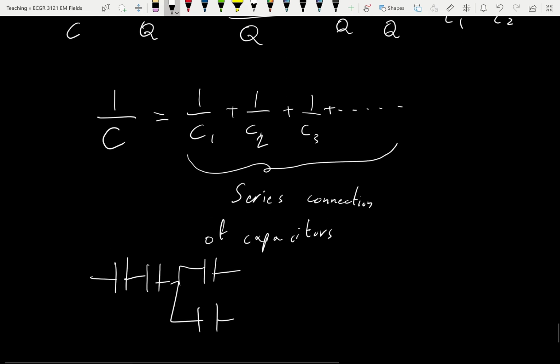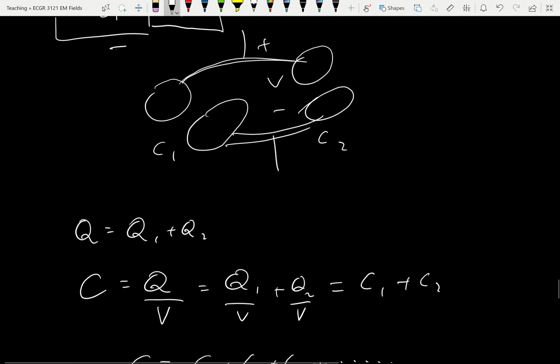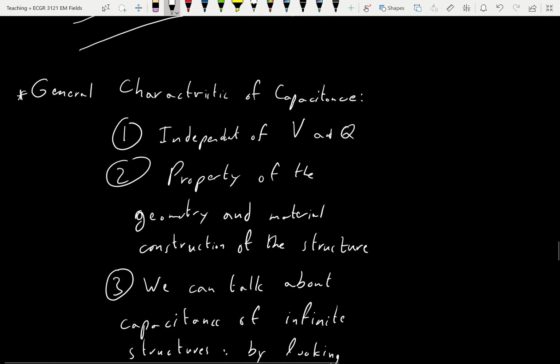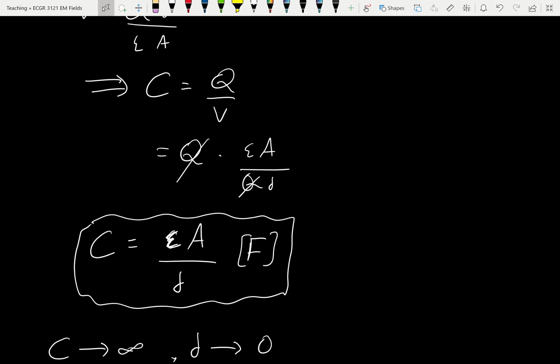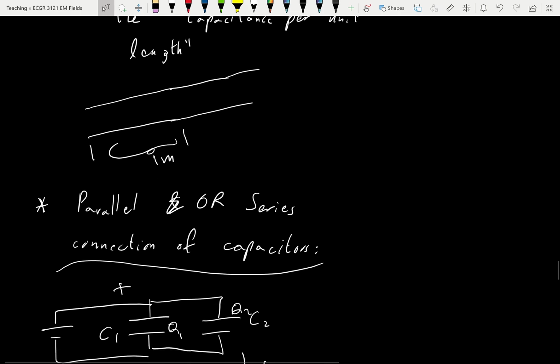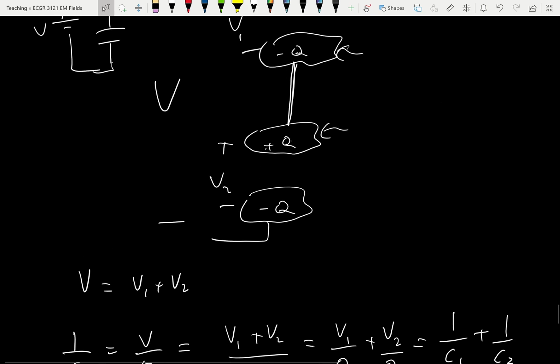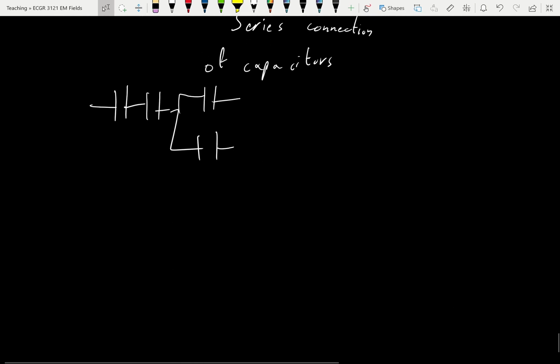One thing I wanted to double check is, for the parallel plate capacitor, let's check the units. C equals epsilon A over D, right? Do the units make sense? Whenever you derive something, you have to check the units to make sure that the units make sense.